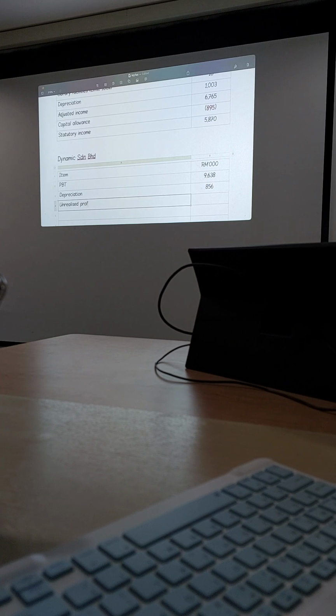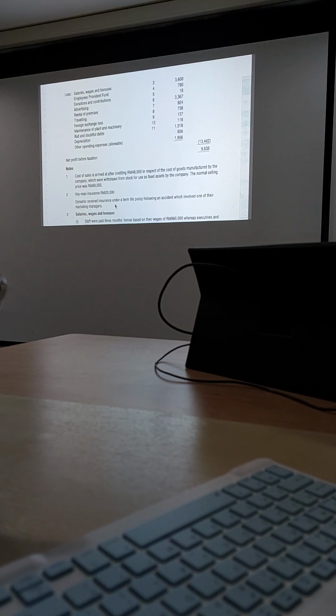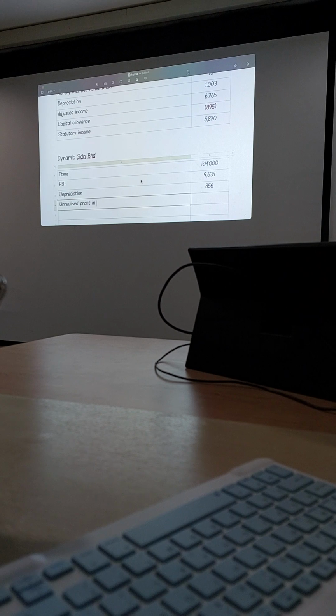Sebab dia realise profit. Kau dah realise? Dia dah kredit dah, dah kurangkan. Oh, so 48,000 je lah. Actually it's supposed to be 68,000. Oh. Because they actually took at cost. Suppose to take at full sales value. So add back.